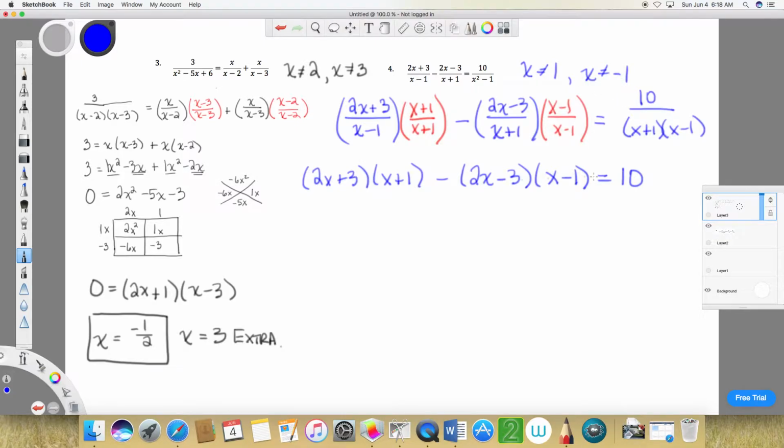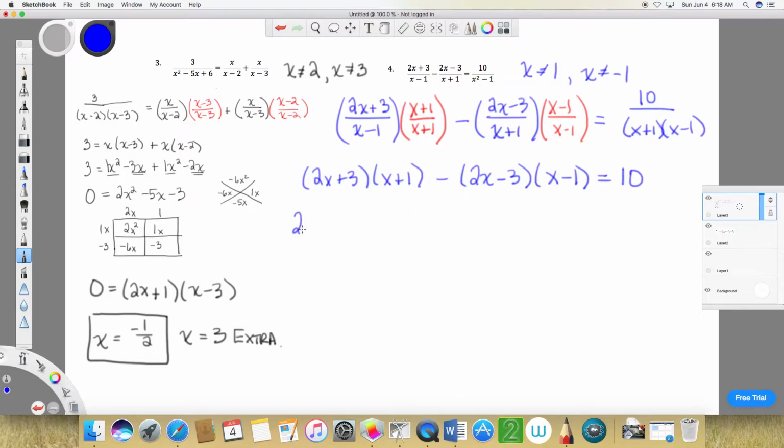So let's solve this quadratic equation. We're expecting two solutions, and let's hope that they're not either one of these, or at least if they are one of these, recognize it, call it extraneous, and throw it out of the solution set. So if I multiply these two binomials together, you may choose to do it in the form of a table, or whatever your favorite way of applying the distributive property is.